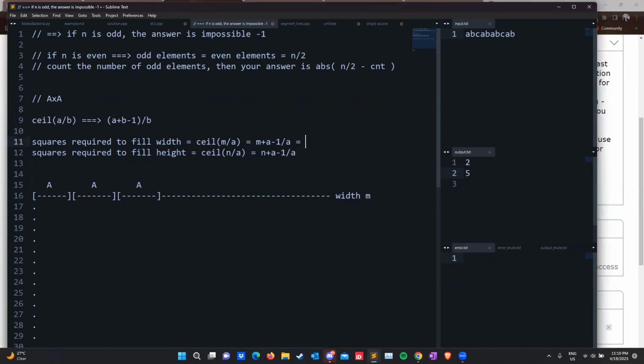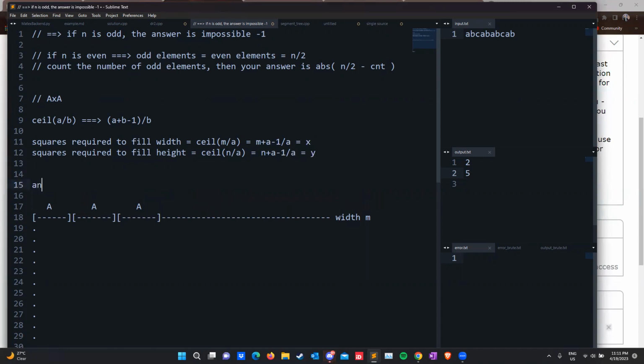So let's say this is some number x and this is some number y. Then the answer will be just x into y, right? That will be the answer. But what about floor? Floor is the basic behavior, right? If you divide any two numbers, the answer is always floored by default. So we don't have to do anything about floor.